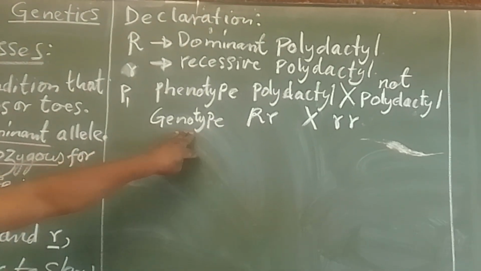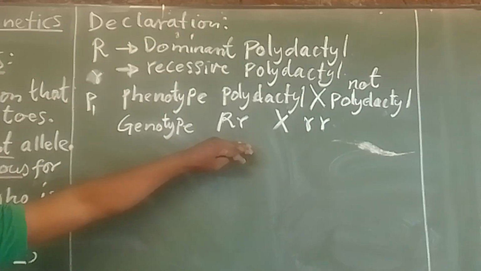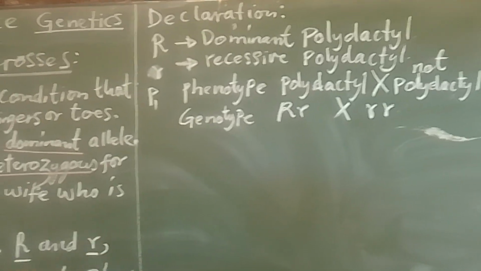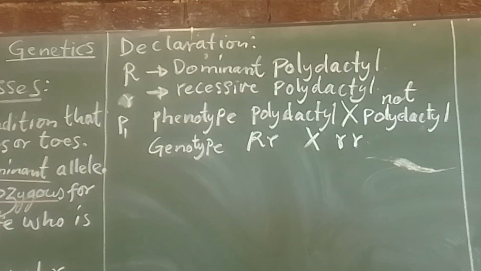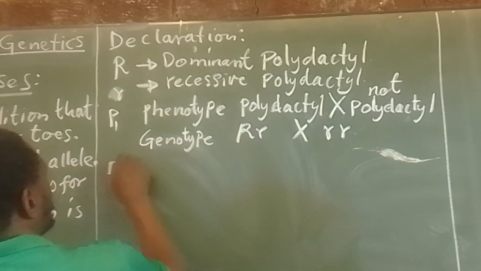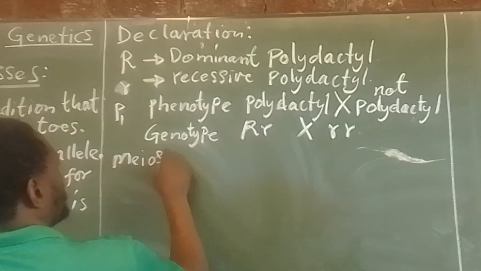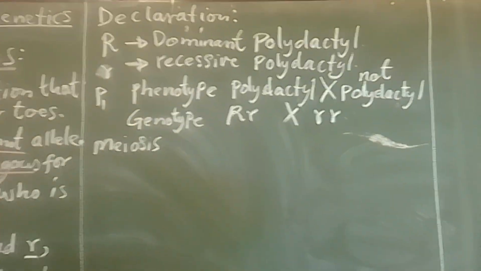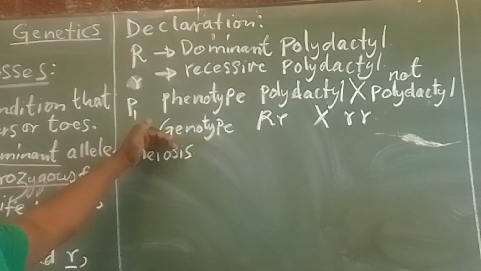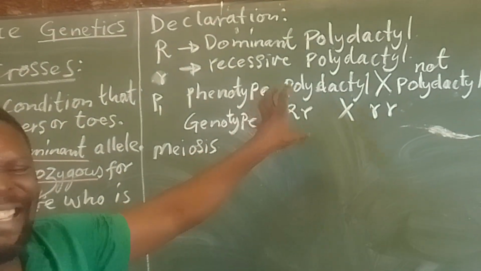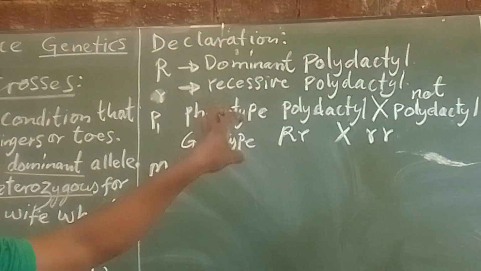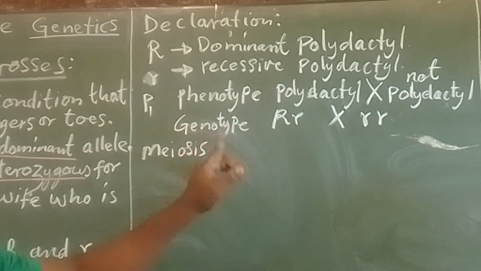Now after the genotype, we are going to go for meiosis. According to Mendel, when segregation occurs, each gamete will contain one allele.